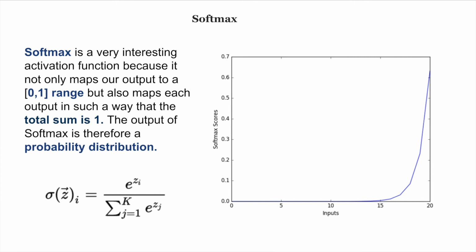For example, if we get 10 outputs, the sum of the 10 outputs should be 1. The equation of Softmax is the probability of input z_i equals e to the power z_i divided by the summation over j equal to 1 to K of e to the power z_j. This is the equation of Softmax, and finally it is used especially for predicting the classes.